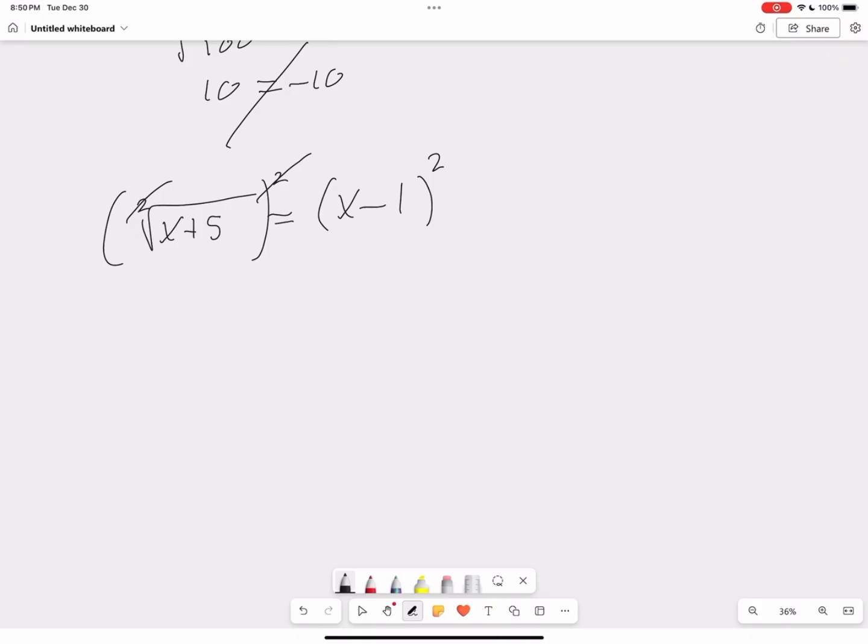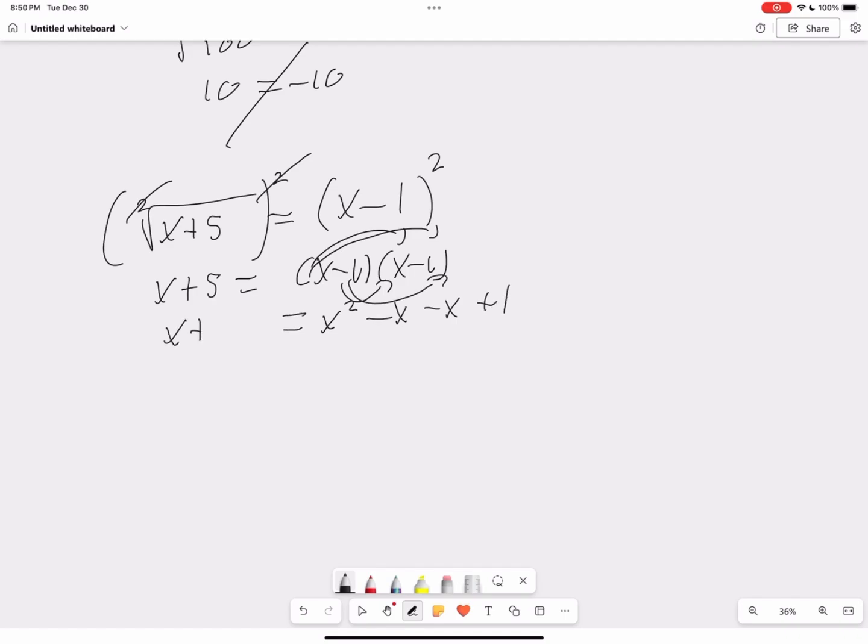So we get x minus 1 times x minus 1. First is x squared minus x, and then plus 1. So x plus 5 is equal to x squared minus 2x plus 1. We move the x and the 5 to the side.